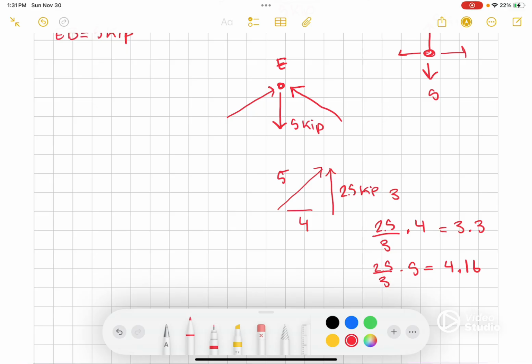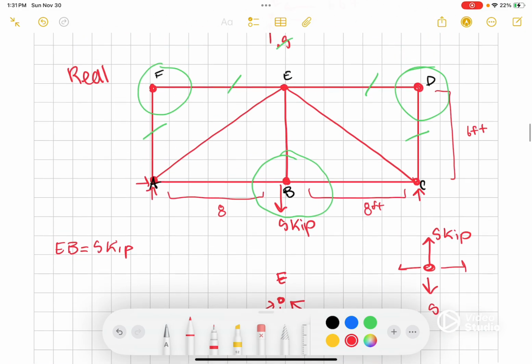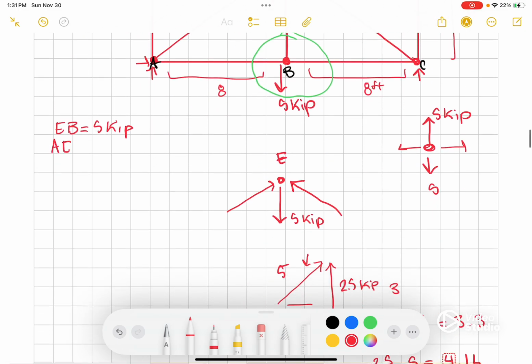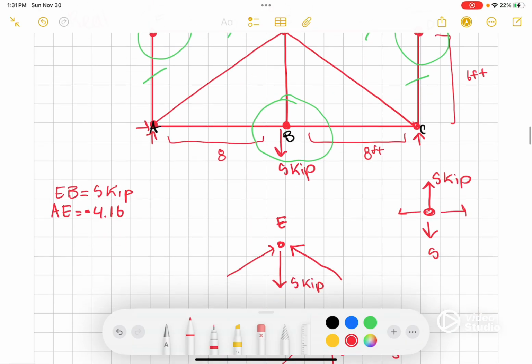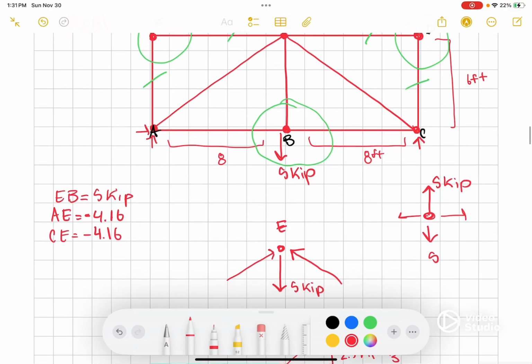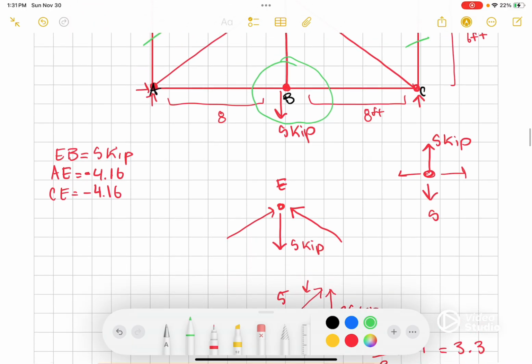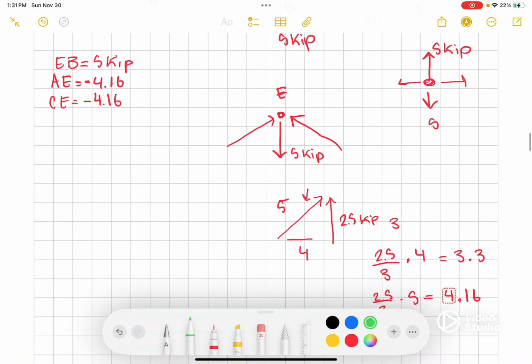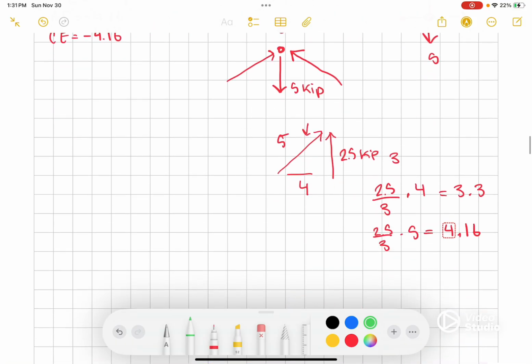We know this hypotenuse, looking back at our diagram, is AE, in compression, so it's going to be negative. And we know that CE is the same, so CE equals negative 4.16. Going down to our joint A, this is the same force that can be broken up into the same vertical and horizontal components.